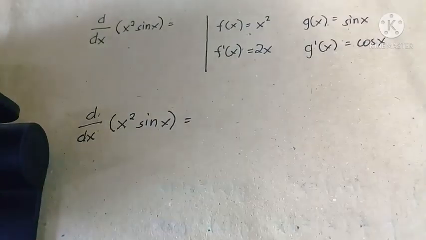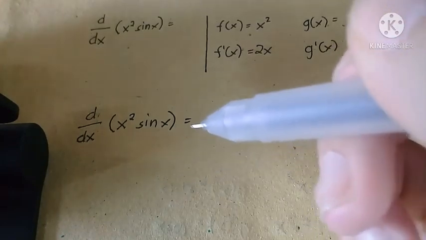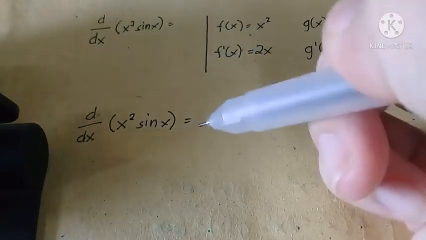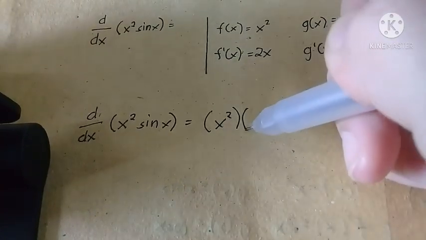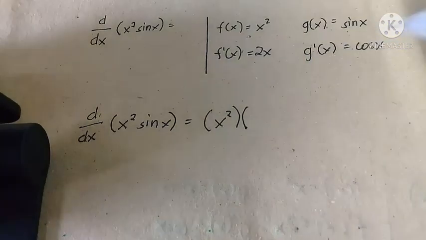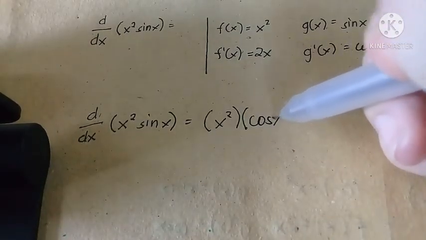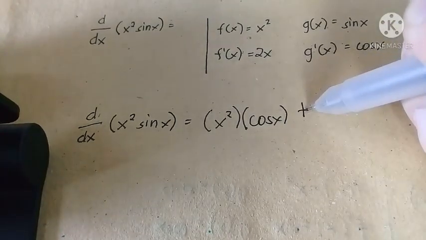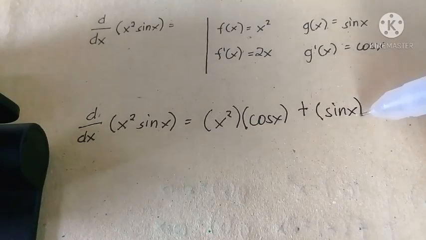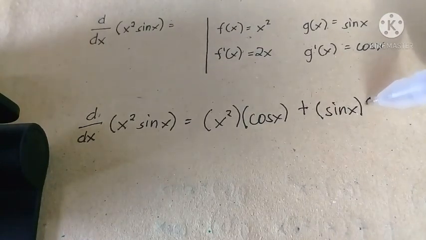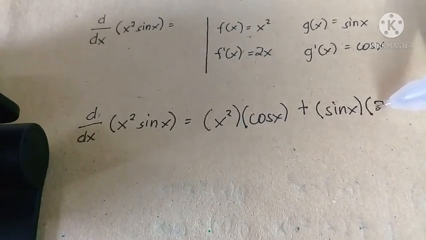To solve this problem, we have the derivative of x squared times sine x is equal to x squared times g prime of x, which is cos x, plus g of x, which is sine x, and f prime of x is equal to 2x.